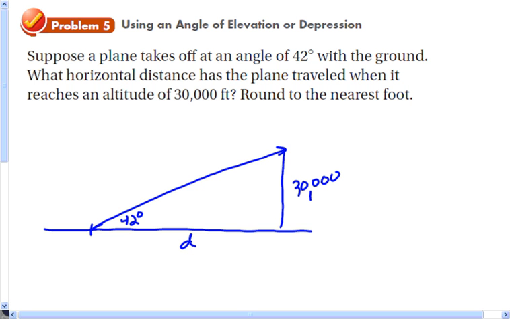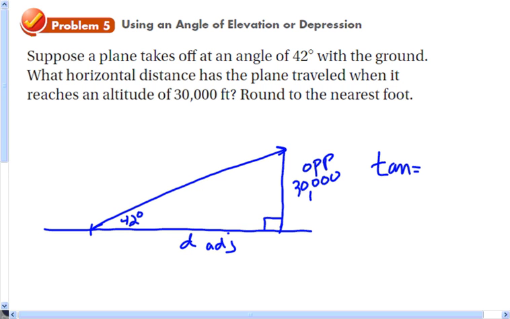So not the arrow going up, not the hypotenuse. We want to know the bottom there. Now, here's your right angle. Here's our angle. 30,000 would be the side opposite, and D would be the side adjacent to that 42-degree angle, which gives us a tangent.